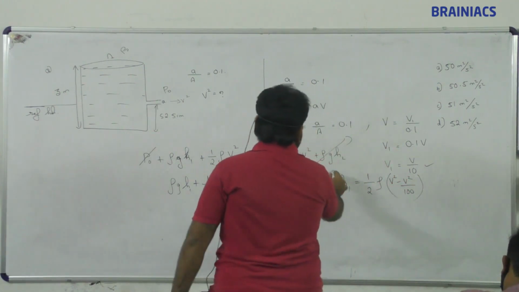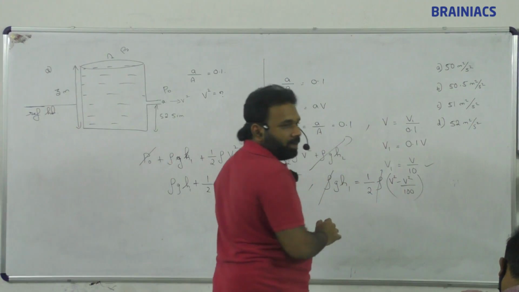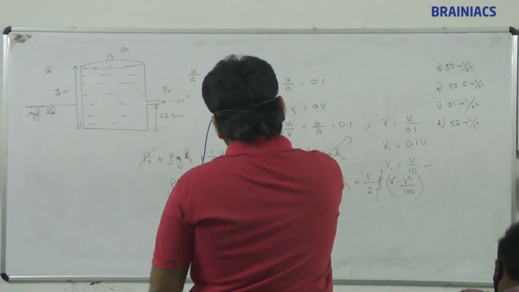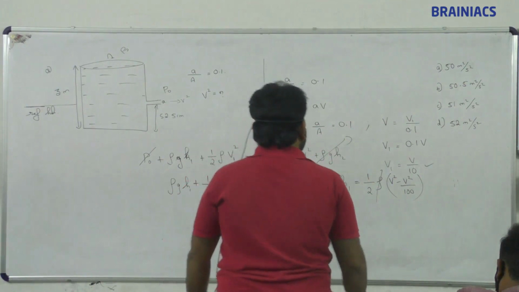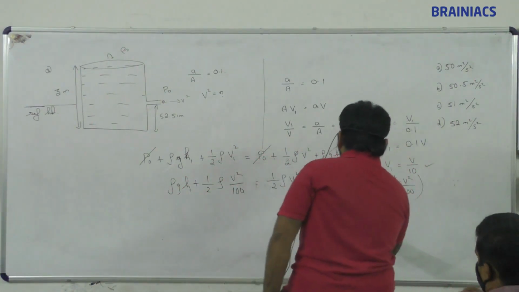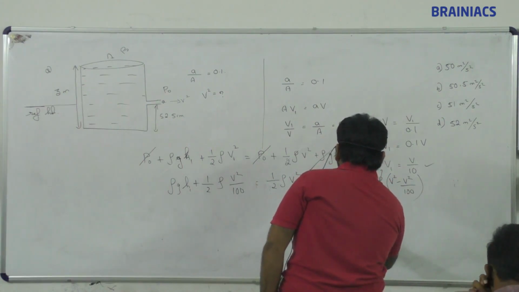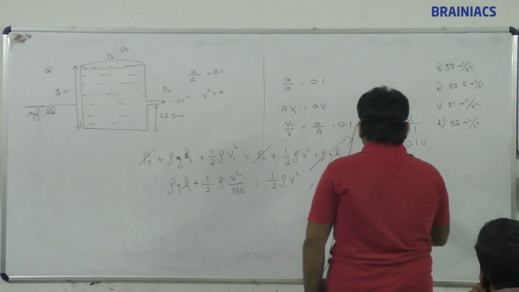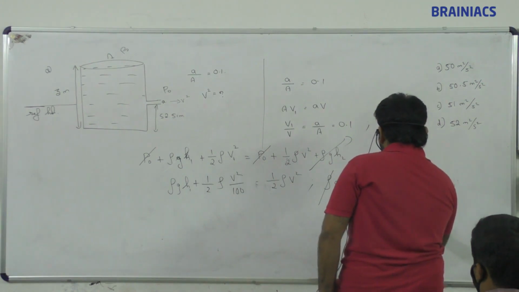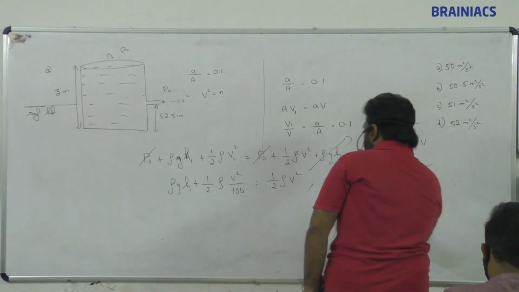We can take this. From this, rho and rho can be cancelled off. Right. So here what will come? 2G H1 is equal to 100 minus 1, so 99 V square by 100.